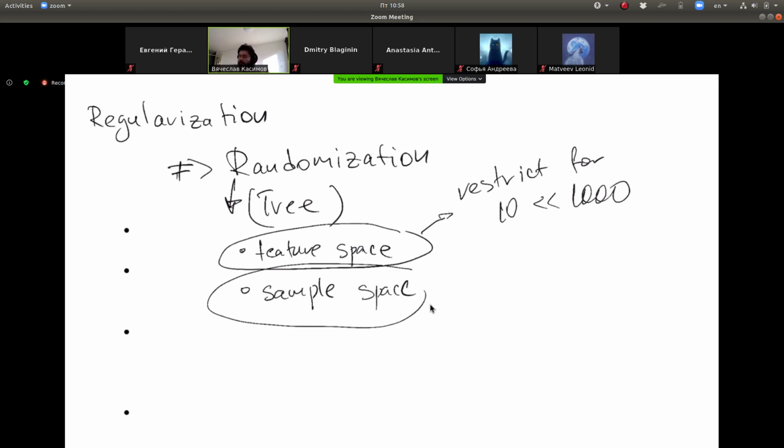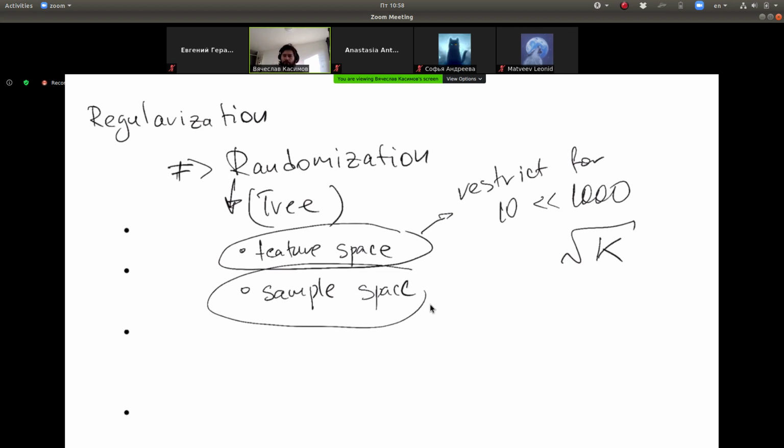The usual practice is taking the square root or logarithm of the number of features, so it's quite big, because we need to maintain low bias. Here we reduce bias with each new step, so we can reduce the number of features drastically, which decreases variance and takes care of overfitting. Same with sample size and so on.